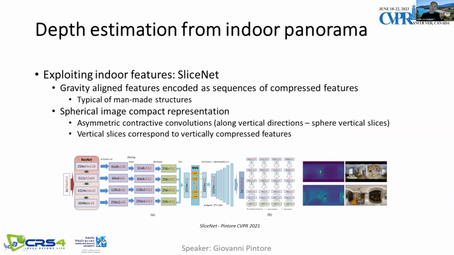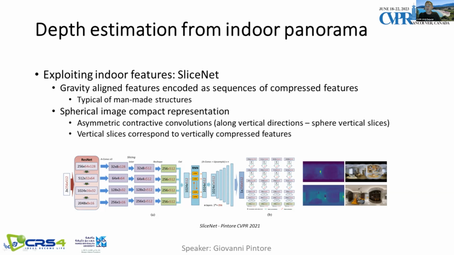Instead, a new generation of methods seeks to directly exploit the native encoding of equirectangular images and the indoor scene assumption. One of the first works of this kind is SliceNet. Such a work starts from the assumption that man-made structures are usually designed according to gravity.